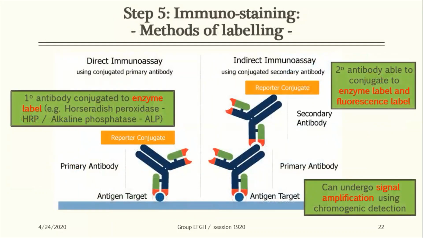Moving on to immunostaining, there are two methods of labeling: the direct immunoassay and the indirect immunoassay. For the direct method, the primary antibody is conjugated, whereas for the indirect immunoassay, the secondary antibody is conjugated.